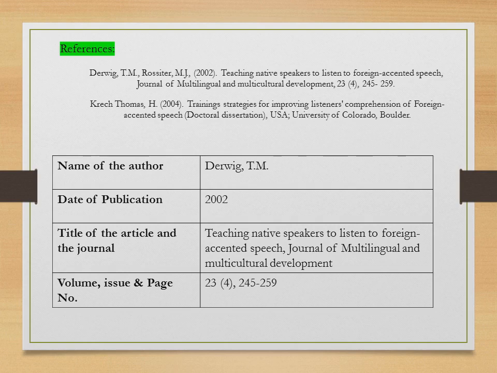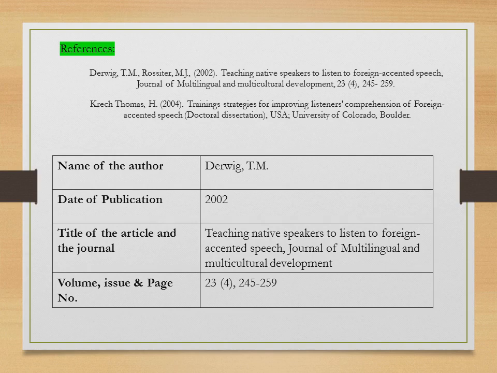So here, to make it easier to understand, you locate first the name of the author. So we have here Derwing, T. M. You look at the example at the top, and then the date of publication, which is inside the parenthesis, is 2002, and the title of the article in the journal.